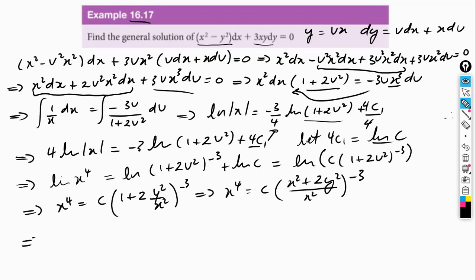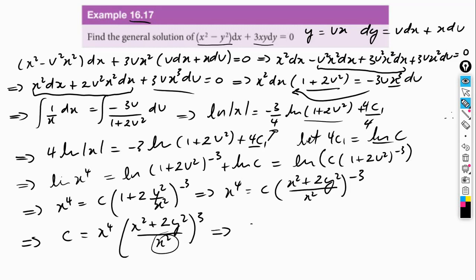Now, rearranging, we get that c is equal to x to the 4 times ((x squared plus 2y squared) over x squared), but now to the power of positive 3 because we sent it to the other side to divide. And then we can also take out this x in the form of x to the 6.